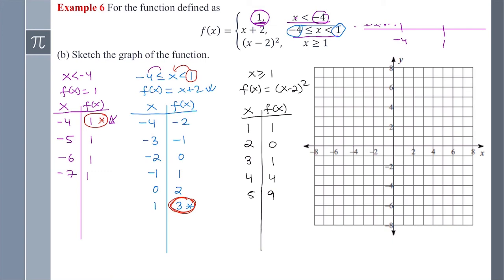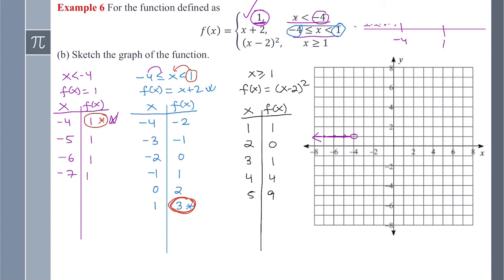So I'll still start from that point, but since I cannot include it, I'll put an open circle here. That's the reason I still use it, to make that open circle. Then when x is -5, it's still 1, -6, 1, -7, 1. It's a constant function, so this is how it's going to go. That is the graph of the first piece.